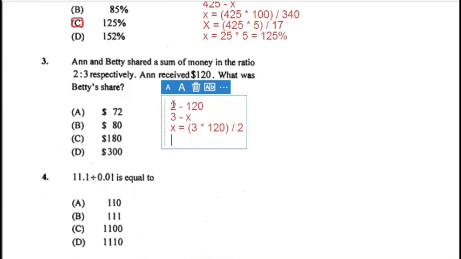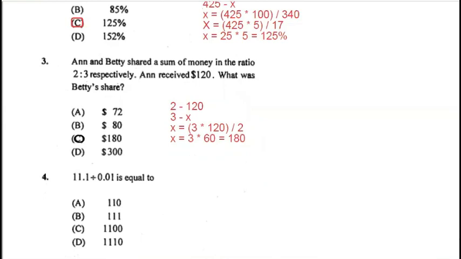And we can say 2 into itself goes 1 time, 2 into 120 goes 60 times, so therefore x is equal to 3 multiplied by 60, and that is equal to 180. So our answer for 3 is C. So Betty's share is $180.